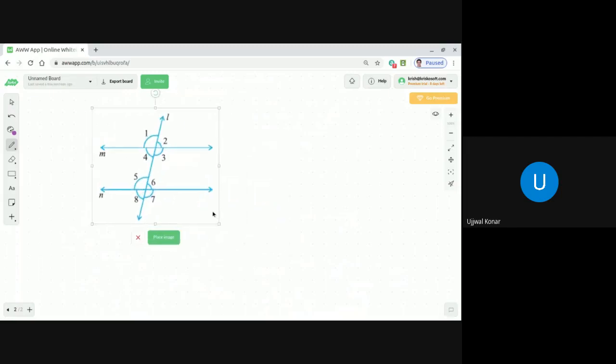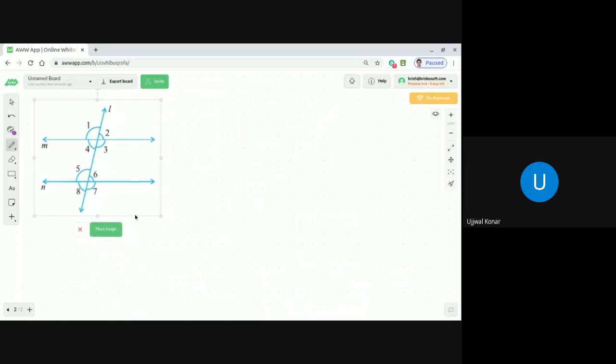You see here that line M is parallel to line N, and L is the transversal. In the previous diagram, lines M and N were not parallel, but here we made them parallel. Now let's see one by one.